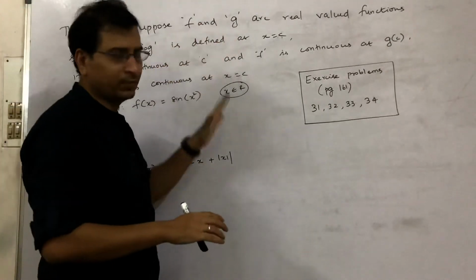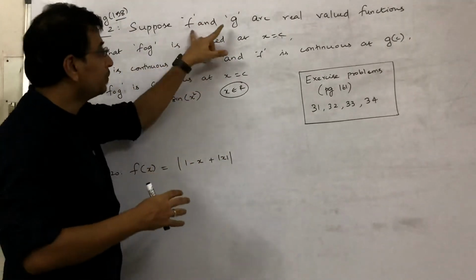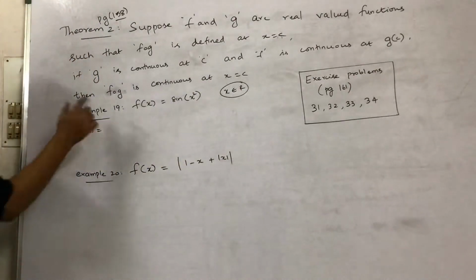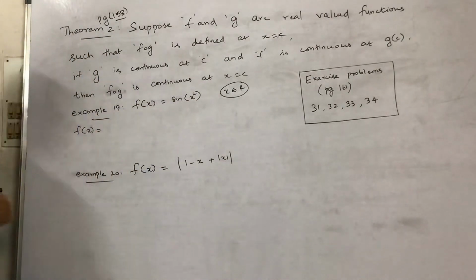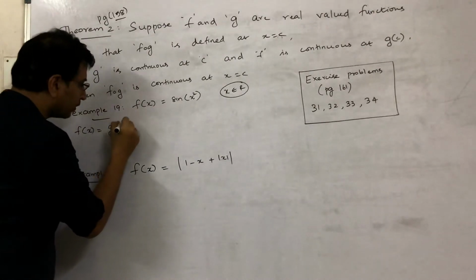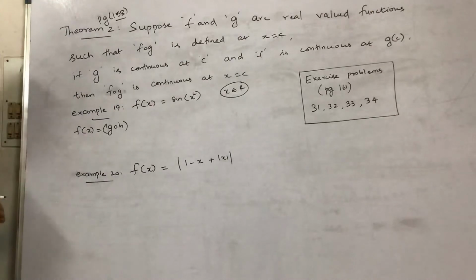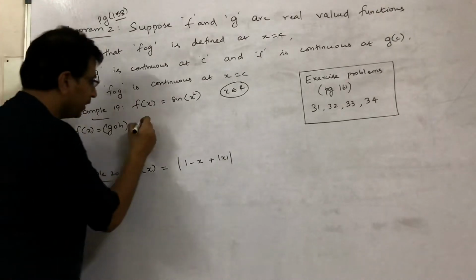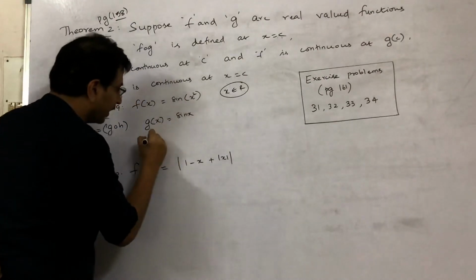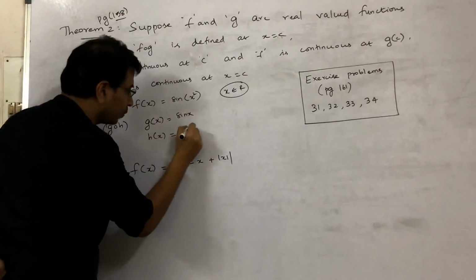It is not necessary that everything should be considered only in terms of f and g. You can take other variables also, not an issue. Since f of x is given as sine of x square, I am writing f of x as a composition of two other functions g and h, where g of x is sine x and h of x is x square.